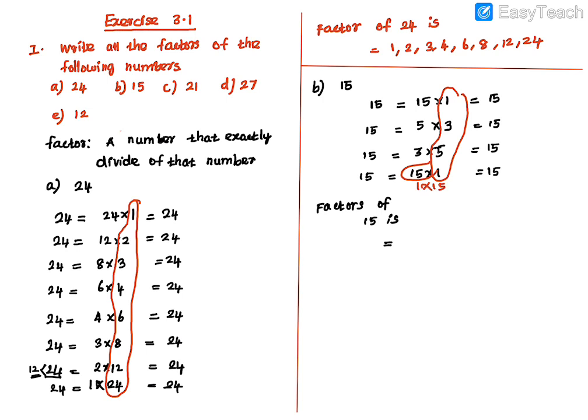So just write the factors of that number: 1, 3, 5 and then 15. So this is the factor of 15. Okay, you just write the answer is 1, 3, 5, 15. Just encircle it. Okay, so just make a box.